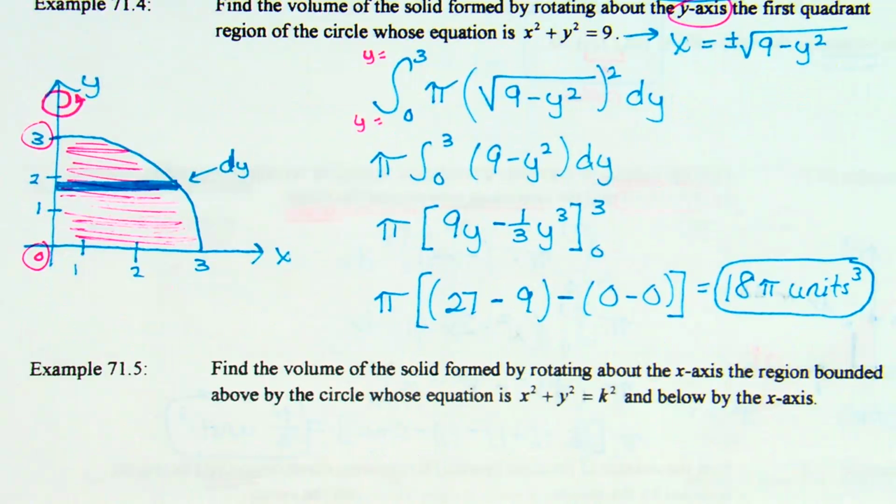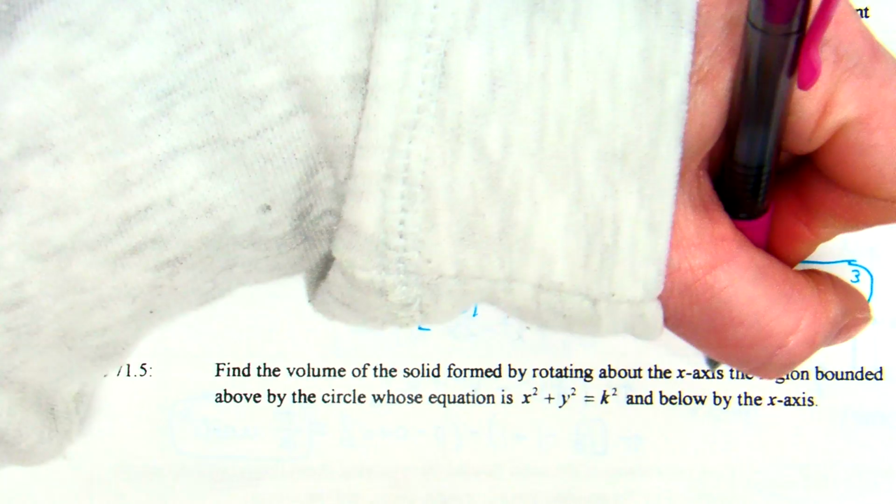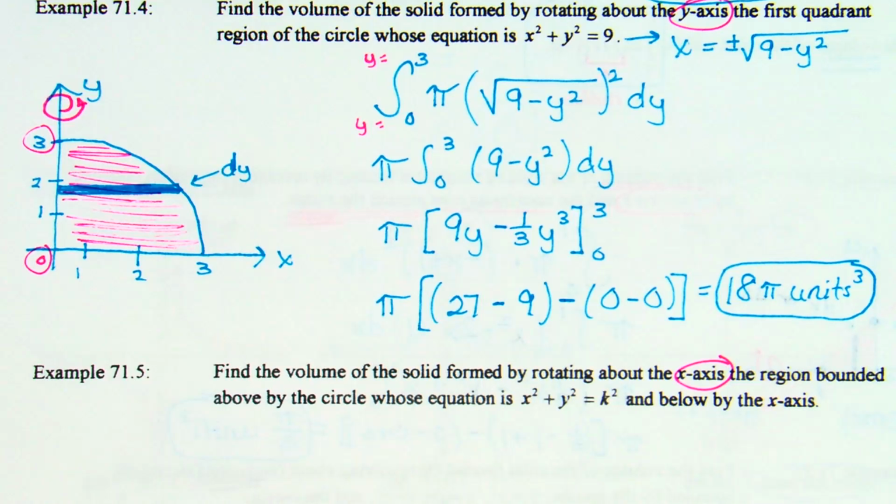Okay, you're getting the gist. Find the volume of the solid formed by rotating about the x-axis the region bounded above by the circle whose equation is x squared plus y squared equals k squared, and below by the x-axis.